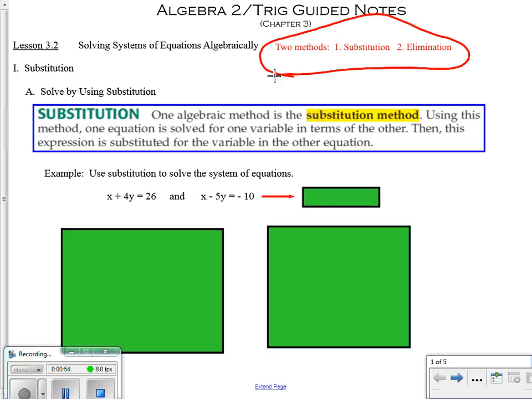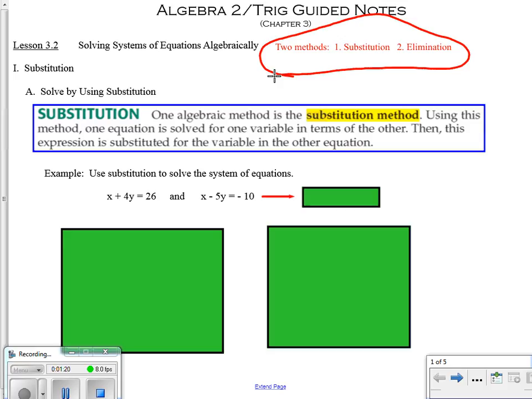It's one algebraic method to solve our systems. In this method, you're literally solving for one variable using one of your equations and substituting it in to the other equation. So it's getting one variable alone and then just plugging in the rest of that value into the other equation. And I'll show you what I mean here on our first example.